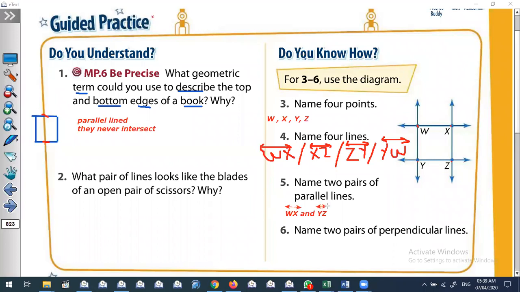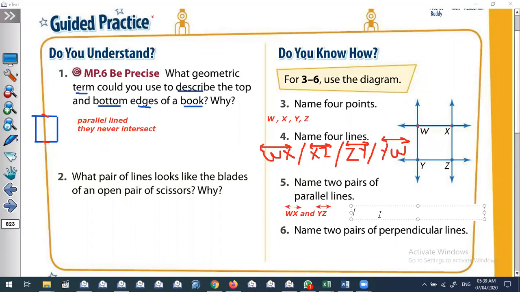Here we need to draw the line sign over WX and YZ. What else? We have the line XZ and also the line WY. They are opposite and never intersect.